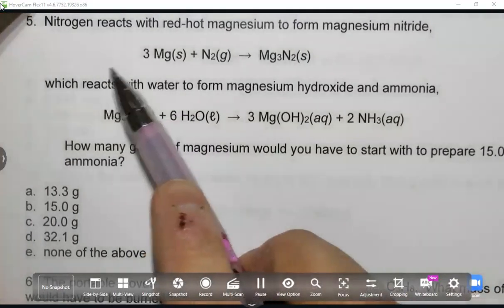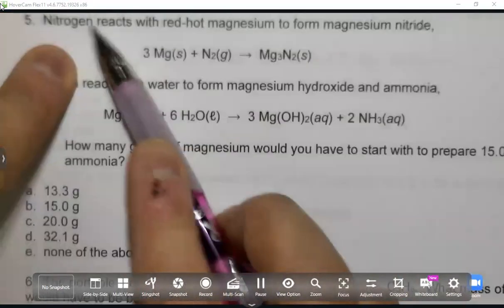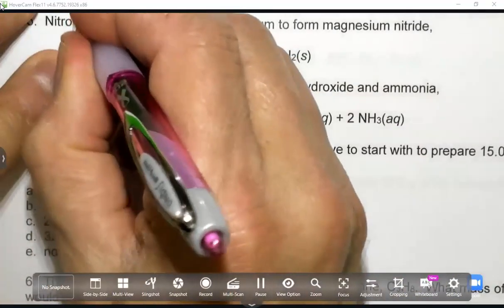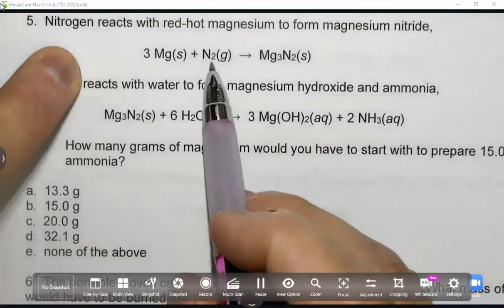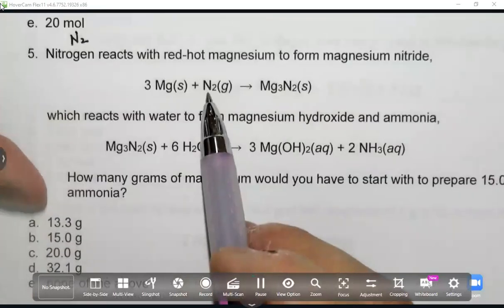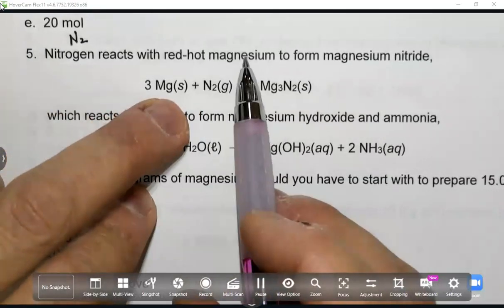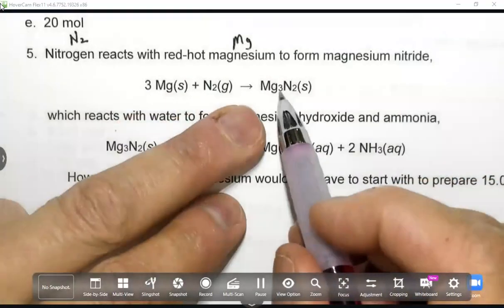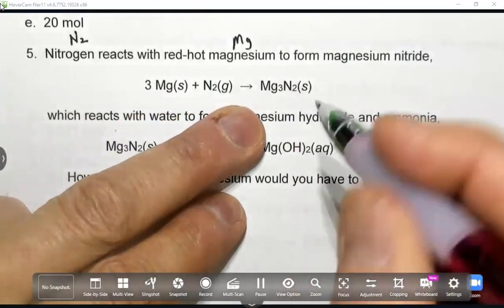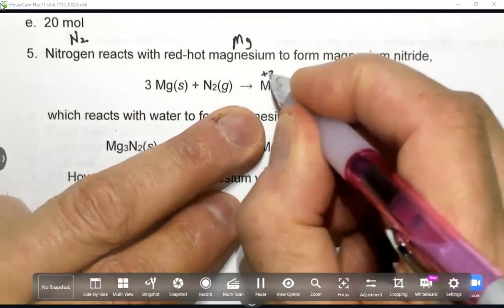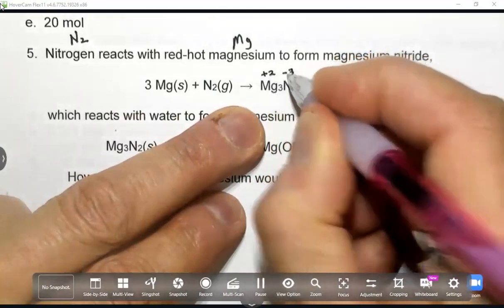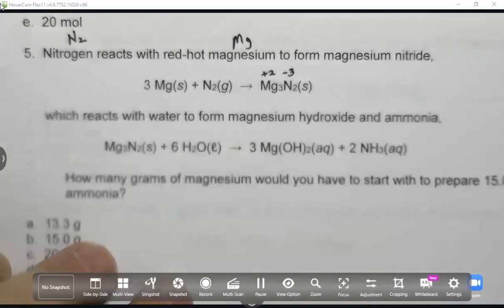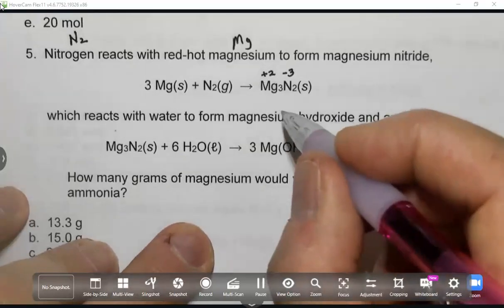It says nitrogen reacts with magnesium to form magnesium nitride. Oxidation, reduction, synthesis reaction.